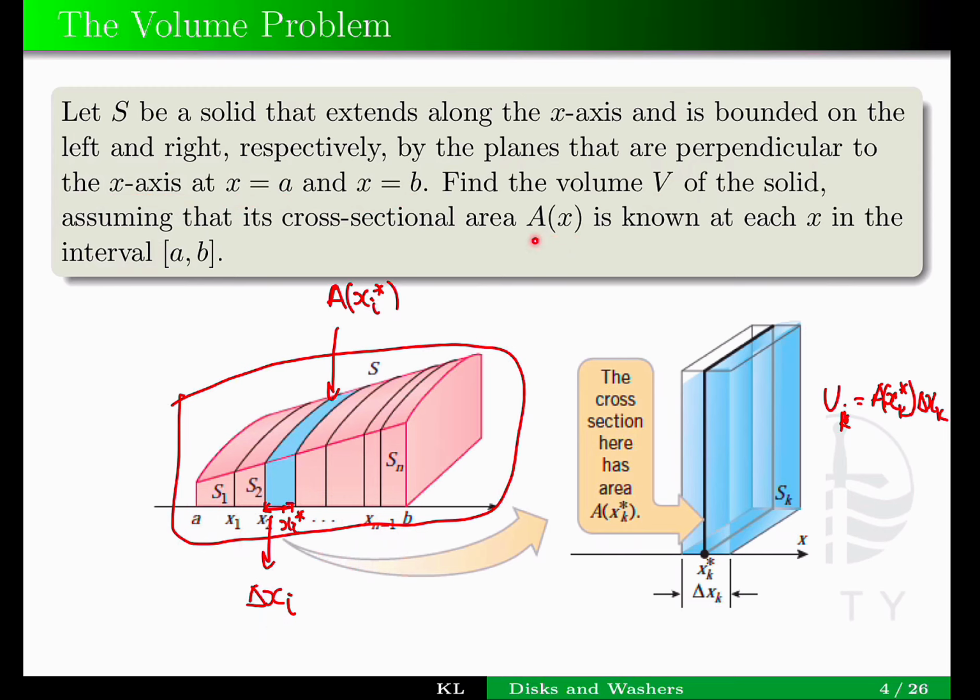And since we are given a function, the area function, then we pick one slice. The volume will be given by A of x sub k star times delta x sub k. Okay?